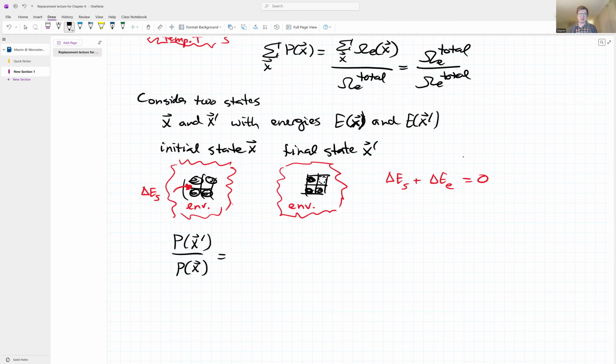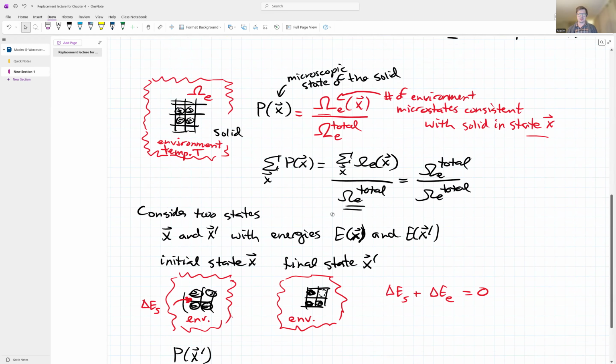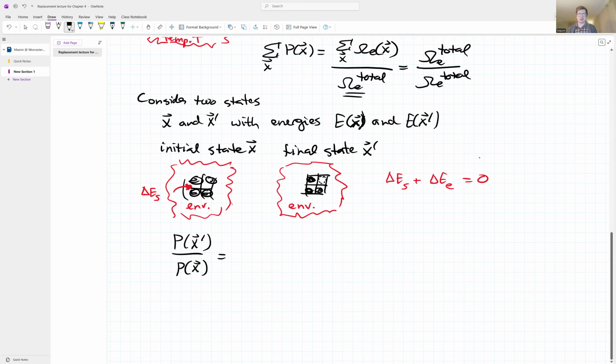Okay, so the ratio of probabilities: both of them will have this total number of environmental states, so those will cancel out. What you get is just the number of environment states consistent with the solid being in state X prime over the number of environment states with the system in state X. And now we do some tricks with exponentials and logs. These are just positive numbers, so we can exponentiate them and take a natural log.